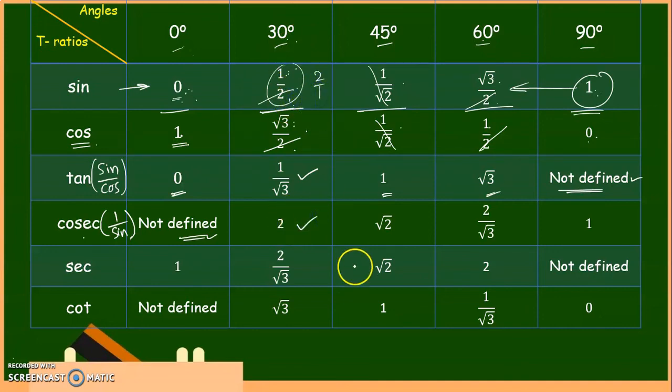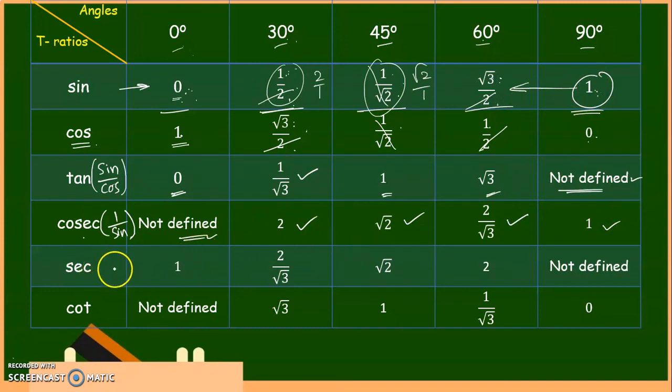So this is cosec 30. Cosec 45 is the reciprocal of sin 45, that is 1 by root 2, so the reciprocal of that is root 2 by 1. Same way here, root 3 by 2 becomes 2 by root 3, and the reciprocal of 1 is 1 only.